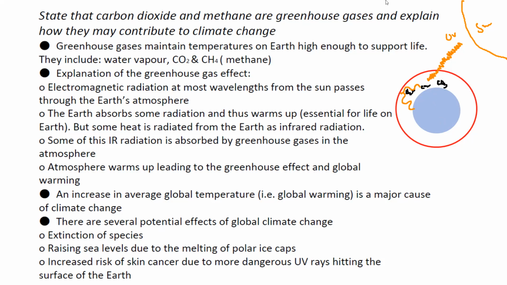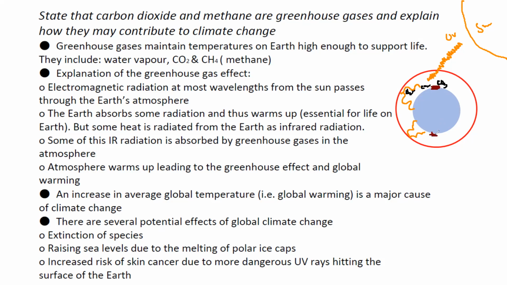So as this energy is trapped, if due to human activity we are burning a lot of fossil fuel, that causes an increase in the percentage of carbon dioxide. If the percentage of carbon dioxide increases, more energy will be trapped within the earth atmosphere. As a result, what happened? The ice at the poles, or ice caps, start to melt.